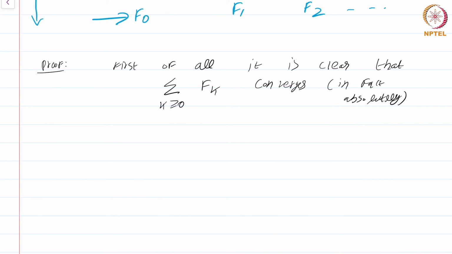Now the term we are interested in is Sn minus summation k greater than or equal to 0 of fk. What we want to show is that this, which is actually a number, even though I've written it as a series, stands for the term that it converges to. We want to show that given any epsilon, so fix epsilon greater than 0, we have to find an n such that modulus of Sn minus this summation k greater than or equal to 0 of fk is less than epsilon.